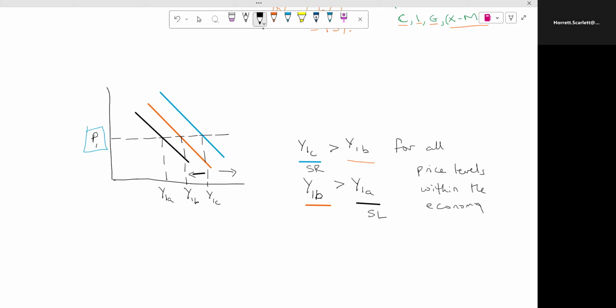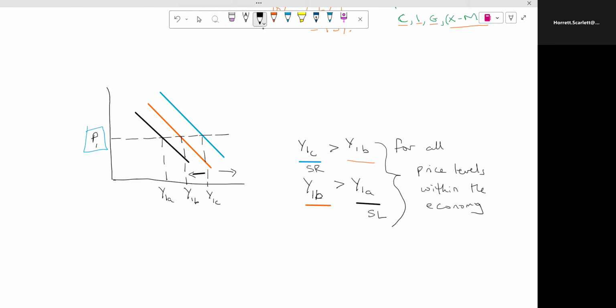So the relationship holds true for all price levels within the economy. If there's a shift to the right, then for all price points within the economy, the GDP is going to be more. And if we shift left, then for all price points within the economy, then the GDP is going to be less.